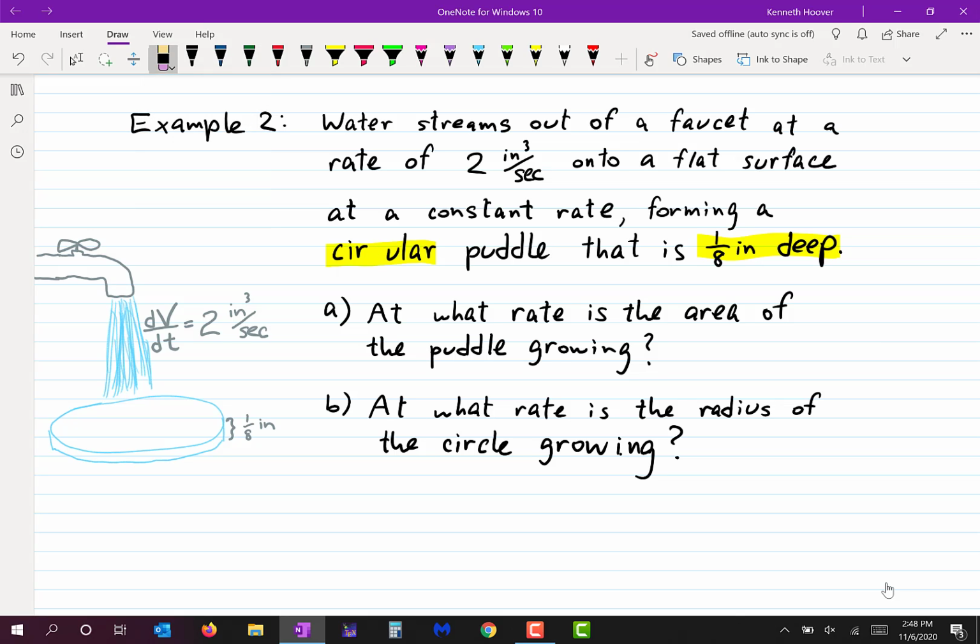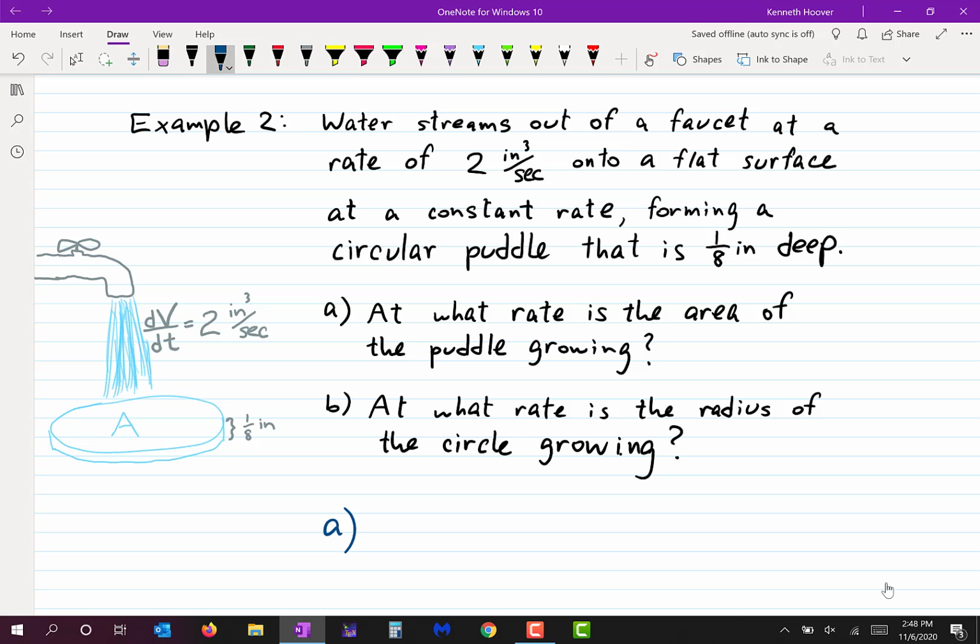The first question says, at what rate is the area of the puddle growing? What do they mean by that? Area. They mean the area of this circle on top. So the first question is asking us, at what rate is the area growing?